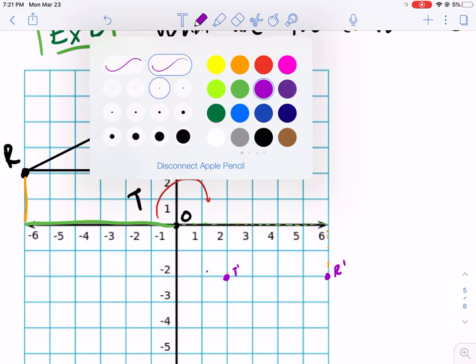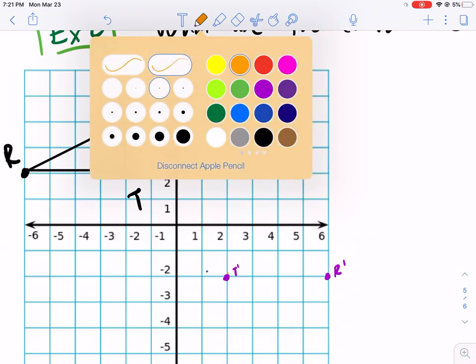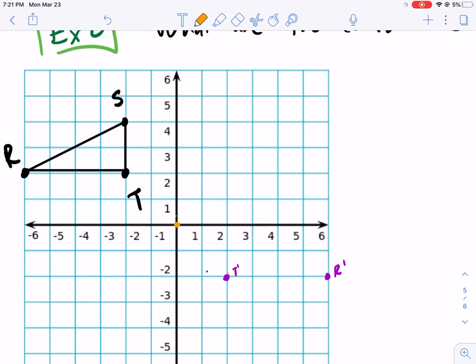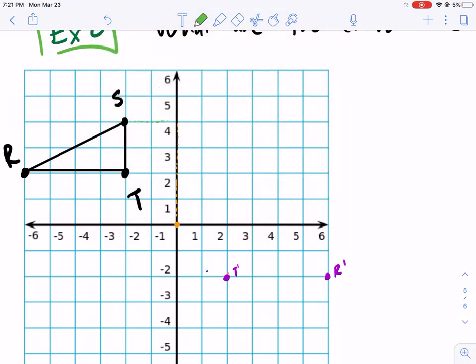Finally, we have point S. I'm going to erase this. Same deal, but I'm going to show you a slightly different way to do it. I'm going to go up from my center of rotation first. I decided to do a dotted line for this, no particular reason why. So then I have there 4 units up, 2 units to the left.